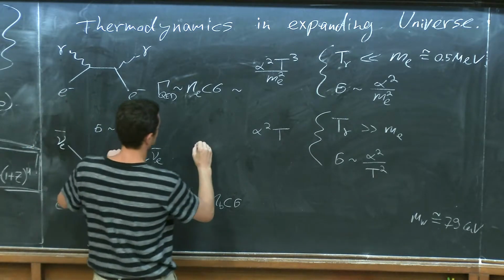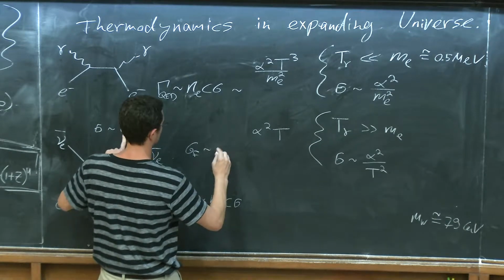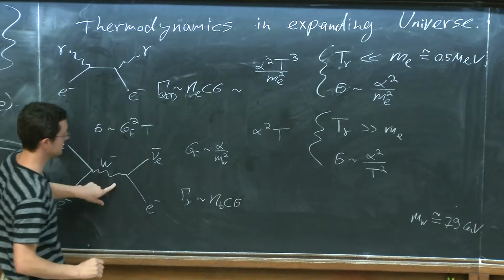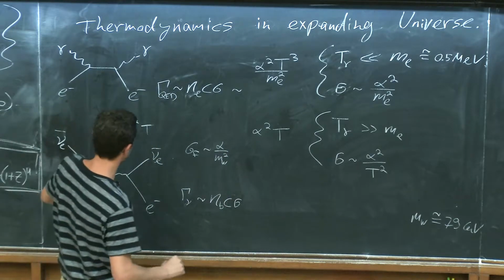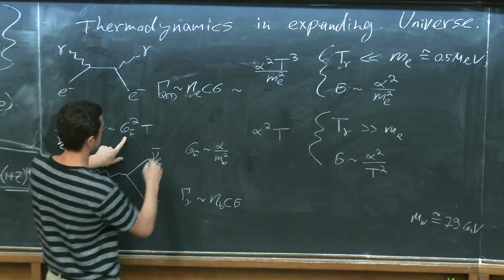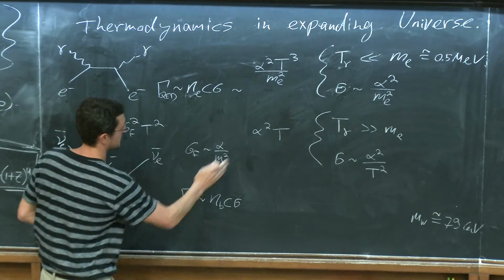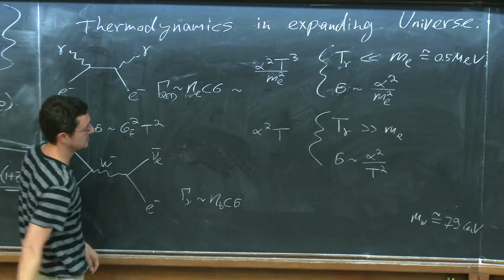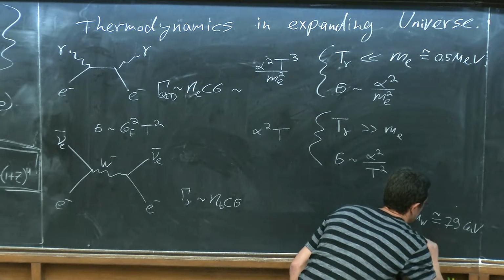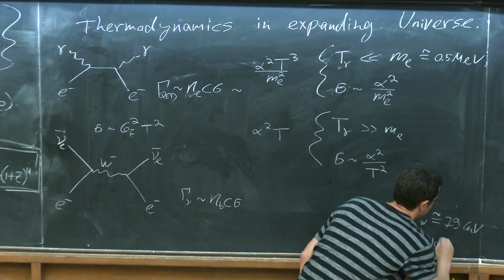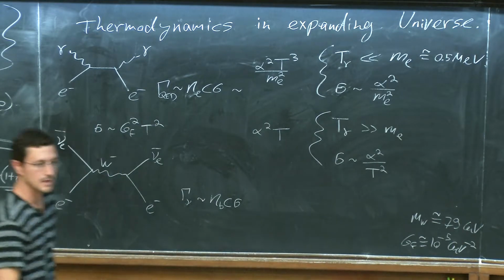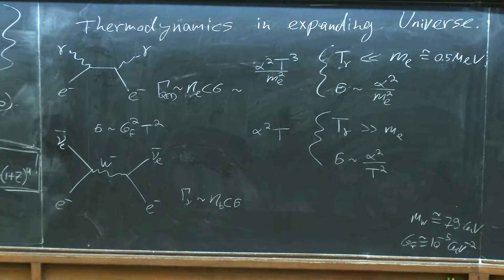So G Fermi is roughly alpha over mW squared. I have a single propagator here, and I need to square it, so I'll get alpha squared over mW squared. And so I have to have a T squared in here, okay? Just to remind you. So I can write this number. This effective interaction is about 10 to the minus 5 GeV to the minus 2, a constant of the standard model at low energies.